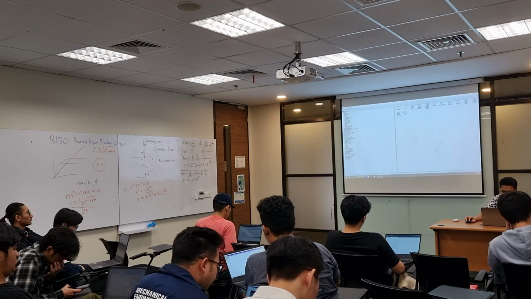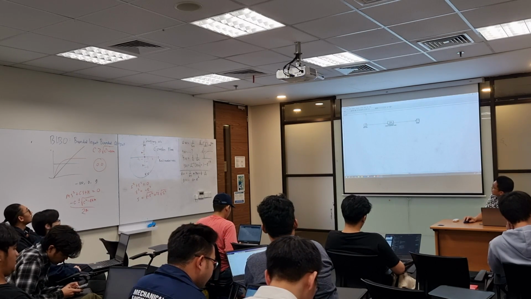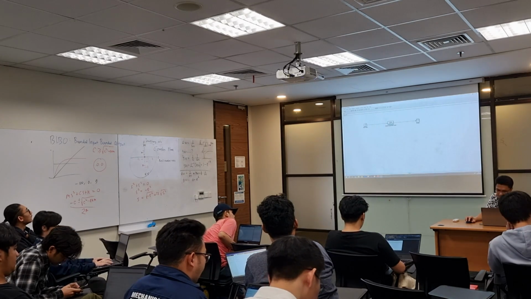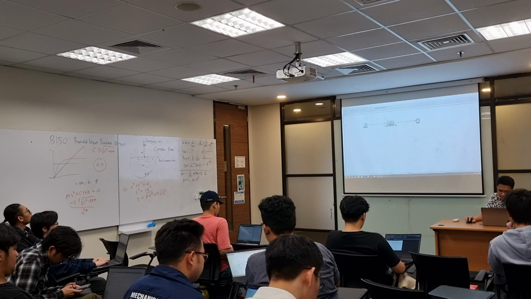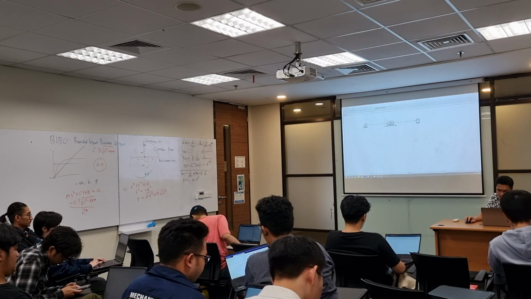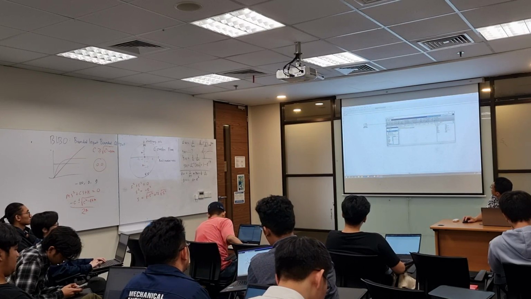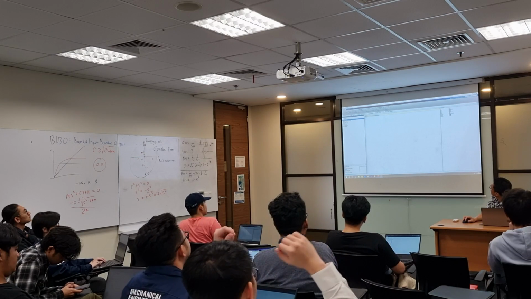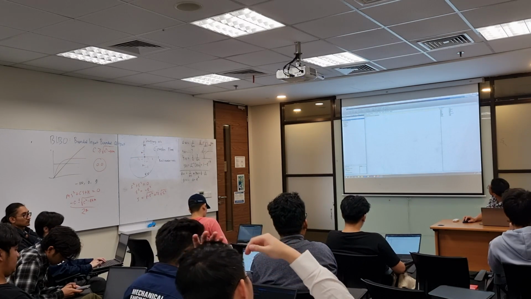Let me check. If I run it, please use my M, K and C. So that's the data for my simulation. Can you see the K is 1000? Oh, where is M?